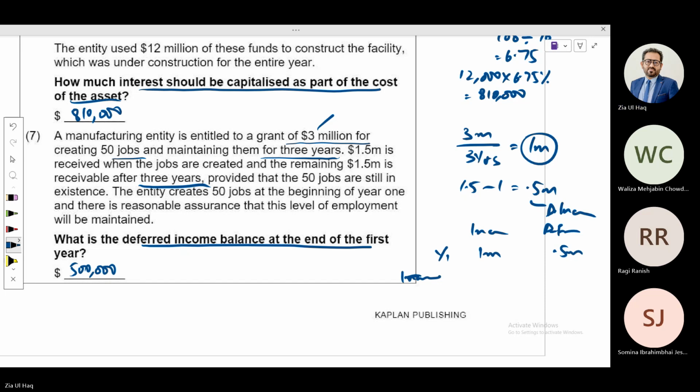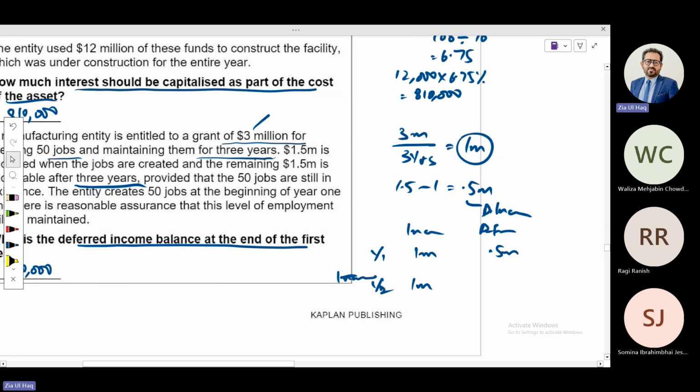In year 2, you will record 1 million income. Instead of deferred income, you will record receivable of the remaining 0.5. And in year 3, you will record 1 million income and the remaining 1 million as a receivable because government will pay after year 3.